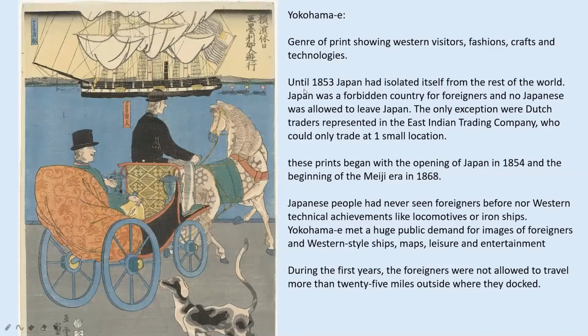So here's a few examples that are not from the artist we're looking at, of people capturing these things and these styles that people hadn't seen before. So we've got a Western man in a horse and cart with his dog and this big fancy ship.